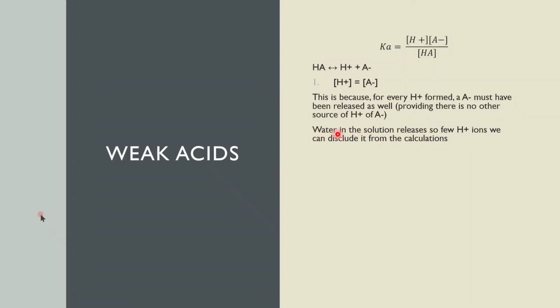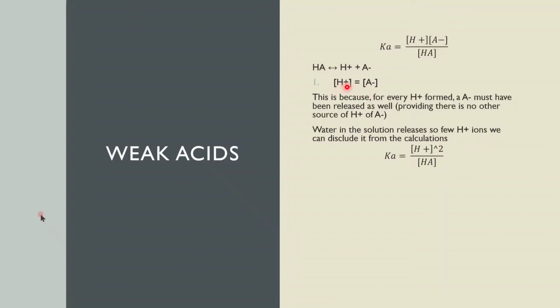And we know that water does produce some hydrogen ions, and if we're dissolving our weak acid in solution, we're dissolving it in water. However, the water in the solution releases so few hydrogen ions that we can discount it from the calculations. It's not counted as another source of hydrogen ions because it releases so few that it is not worth putting them into the calculation.